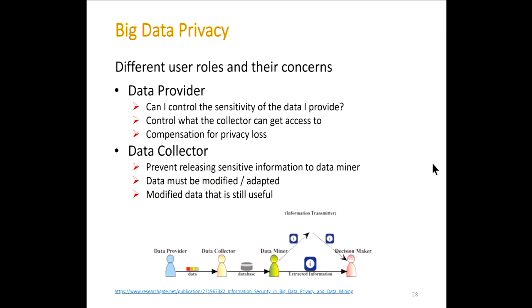For the data provider, someone who creates the post or posts the photo, I can control whether this data is sensitive. Do I deem it sensitive, or is this something I want to share with the whole world, that I love Domino's? For me, that's fine for anyone to know.